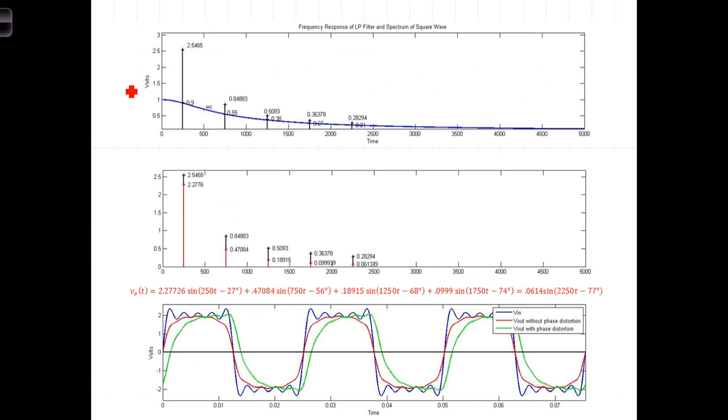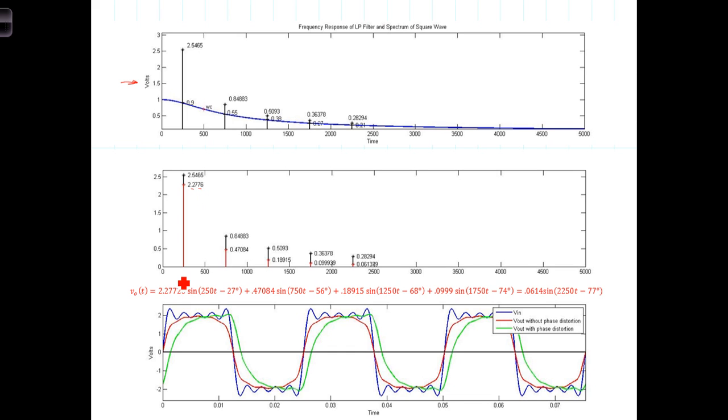So this is just that same graph that we were looking at before, where each of these numbers corresponds to the amplitude of the input for each of those frequencies. These numbers represent the magnitude of the frequency response. And we said then that the magnitude of the output is equal to this number times this number, or 0.9 times 2.5465 equals 2.2776.